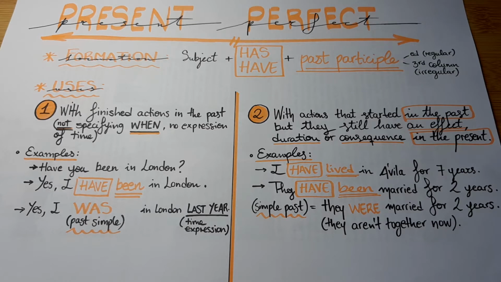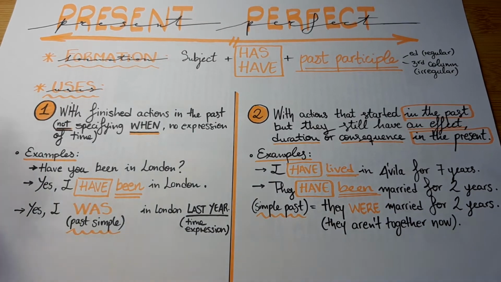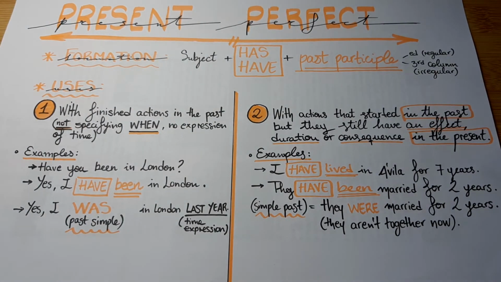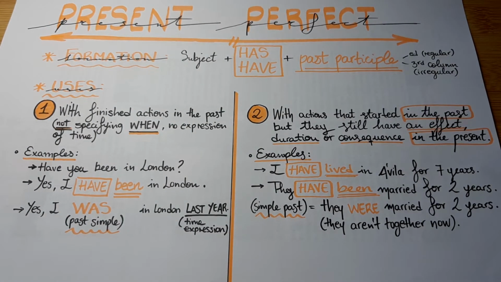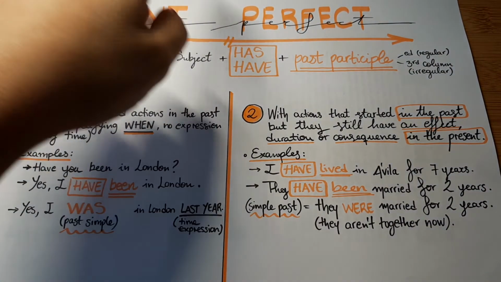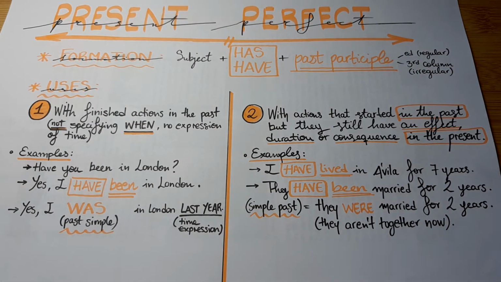But, as I have said, no time expression. That is the most important thing to take into account when we talk about the difference between past simple and present perfect, okay?